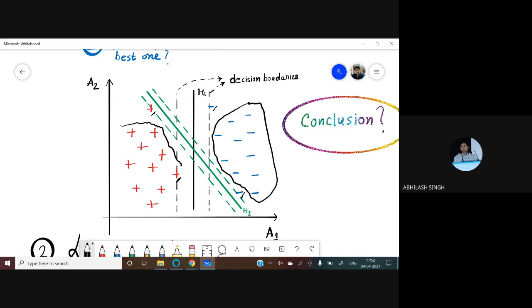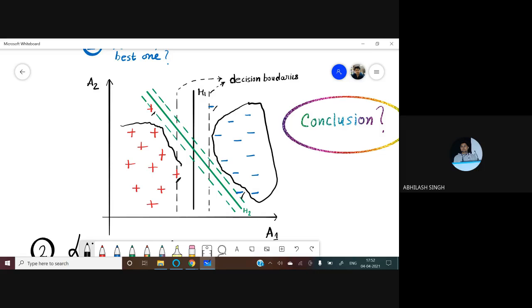The data that take part in deciding the hyperplane are called support vectors. So I guess the idea is clear: what is a support vector, and which hyperplane we are going to select.